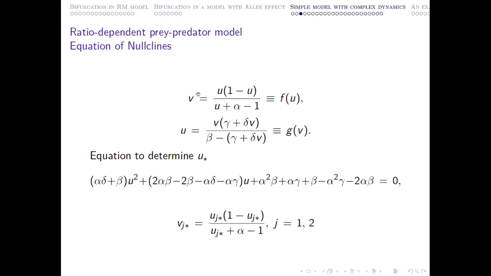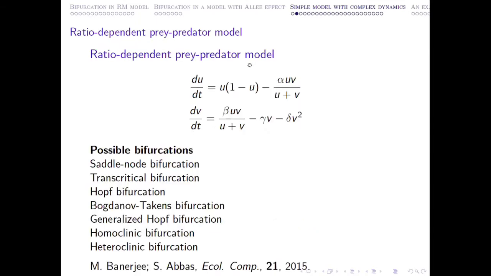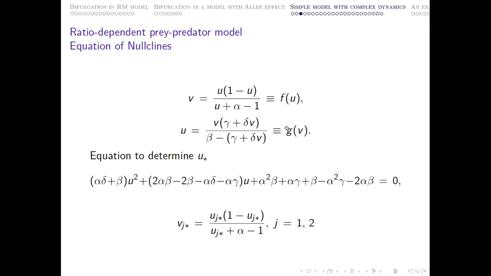So non-trivial null clines are nothing but the equations except the u factor from the first equation and the equation of the curve except the v factor from the second equation. So that means from here, if you factor out u, and from this equation, if you factor out v, and then you solve the first equation for v and the second equation for u, then you will find this explicit expression.